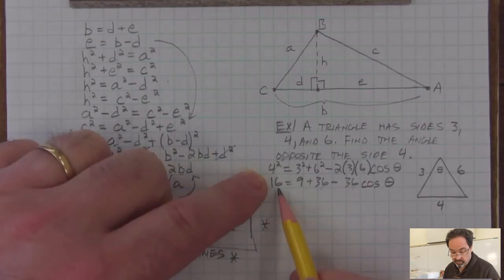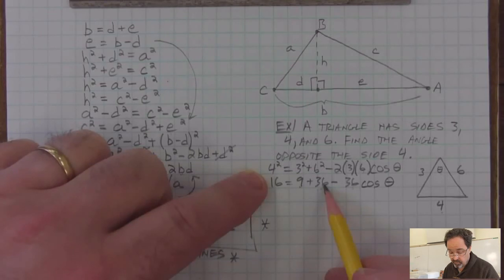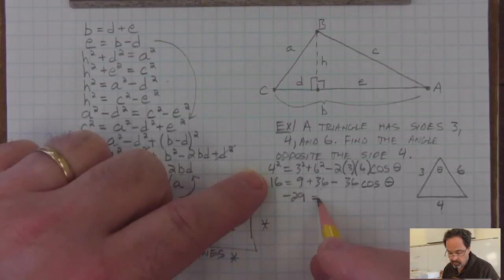So I'm going to take the 16 and subtract 9 from both sides, and then subtract 36 from both sides. And when I do, I get negative 29 is equal to what remains, a negative 36 cosine theta.